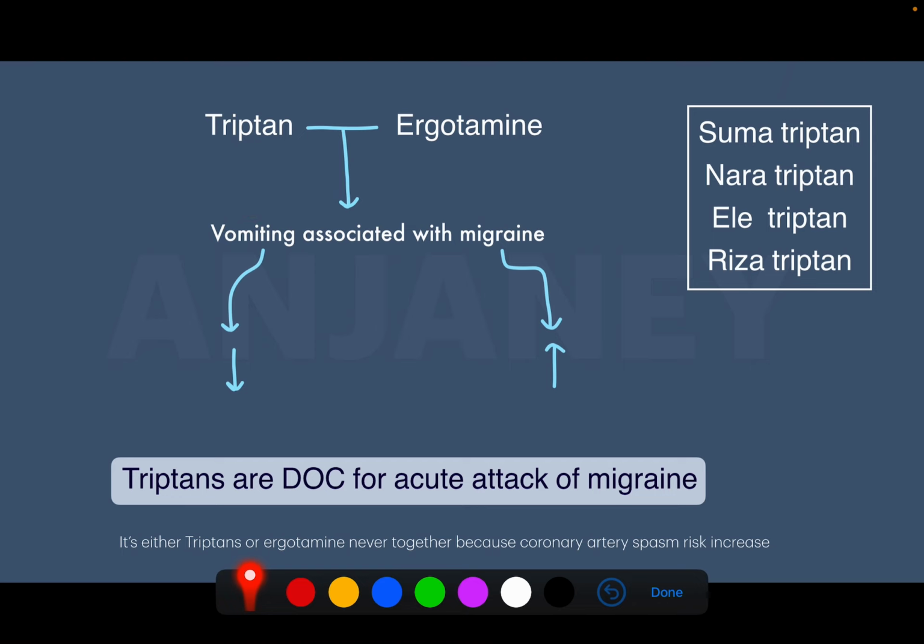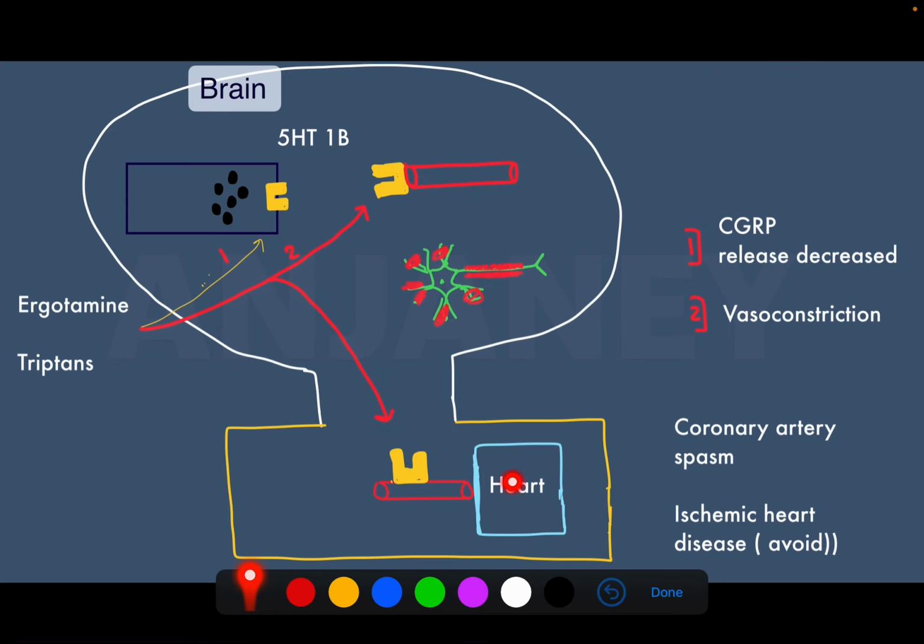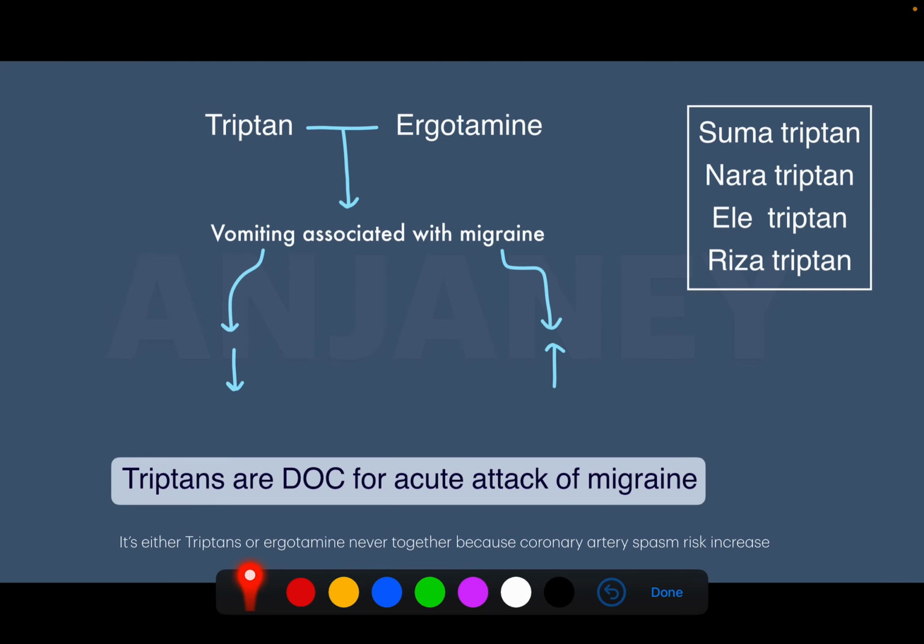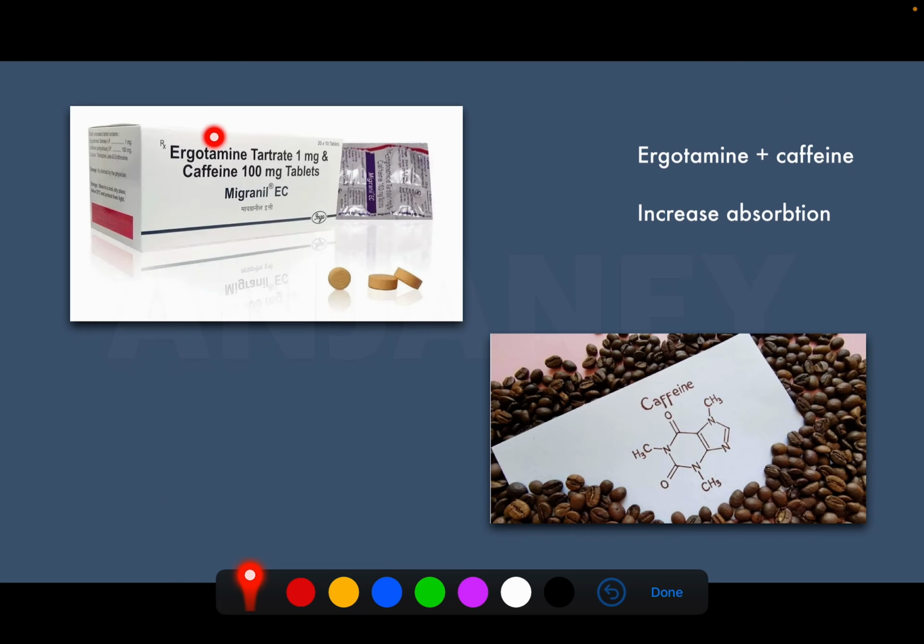One thing you have to remember is you don't give both of them together. You give either triptans or ergotamines, otherwise they'll increase the risk of ischemic heart disease, right? In triptans we have sumatriptan, naratriptan, eletriptan and rizatriptan. These are the triptan drugs. Ergotamine is given with caffeine, which increases its absorption.